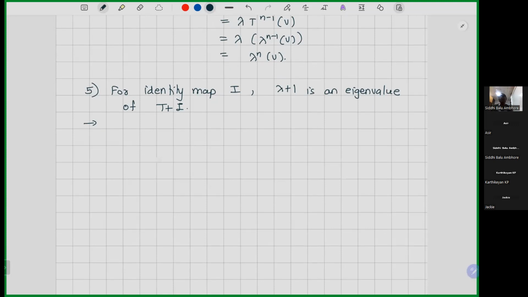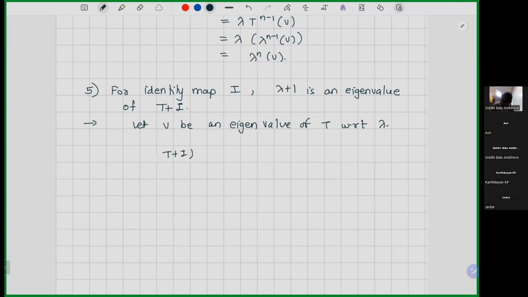Again we will start with this: let v be an eigenvector of T with respect to λ.